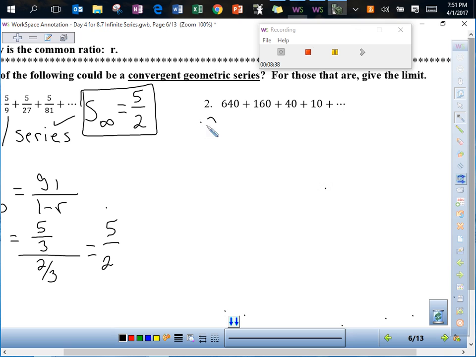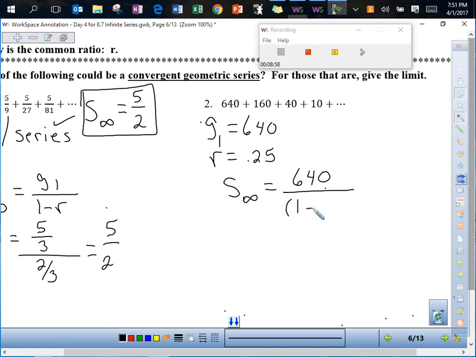So my g sub 1 value is 640. My r value is 0.25. To get my answer, the sum as I go to infinity is going to be 640 over 1 minus 0.25.